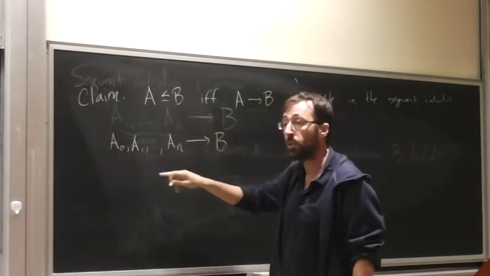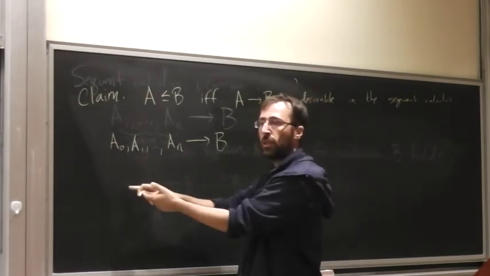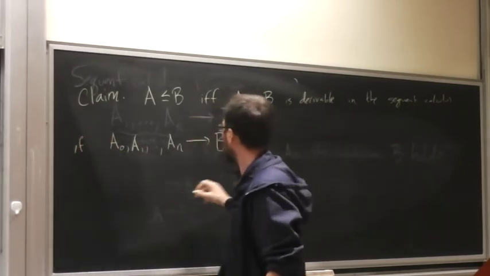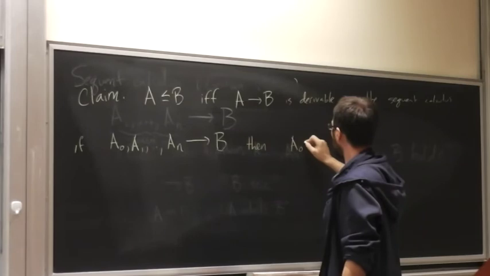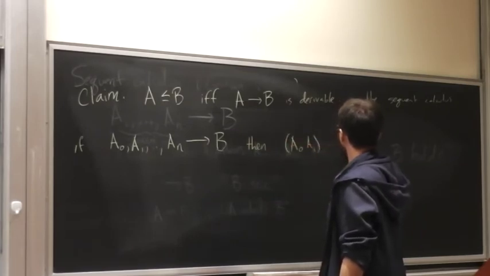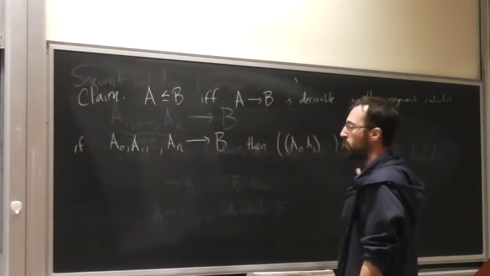We have to give an interpretation, and the interpretation is that you can think of this as a left-associated product. So that means, if this holds, then A0 times A1 times ... times AN, the left-associated product, is less than or equal to B in the order.